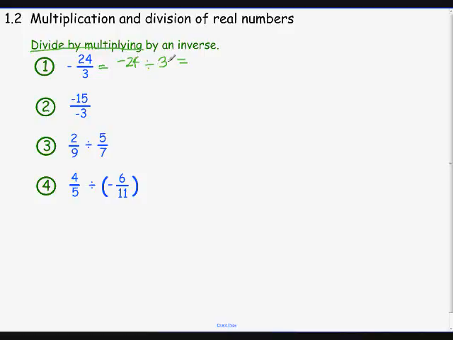Stay, change, flip. We stay the same. The change we're talking about is moving from division to multiplication. So multiply by, and we flip means we consider that as a rational number and we take its reciprocal, 1 over 3. So divide by multiplying by an inverse.